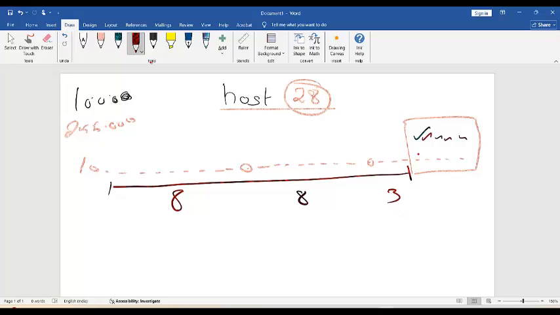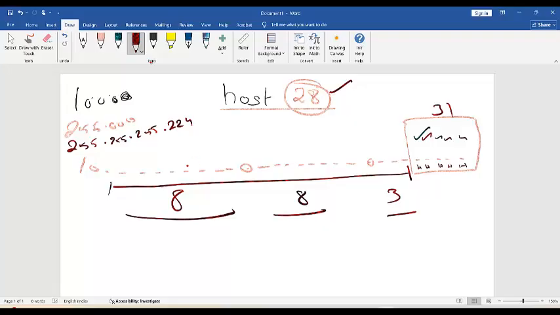So just keep these 5 bits for host, which is more than sufficient. You need only 28 IP. This is going to give you 31, including the broadcast, which is sufficient. Now the new subnet mask will be: this is default, now another 8 is 255, another 8 is 255, another 3 is 224. This is the new subnet mask.